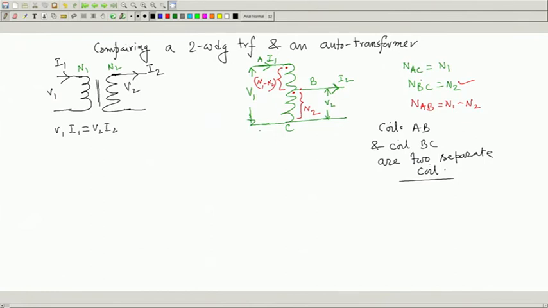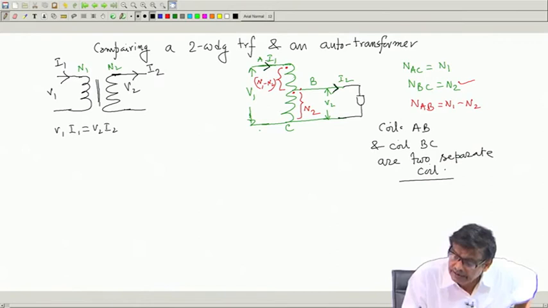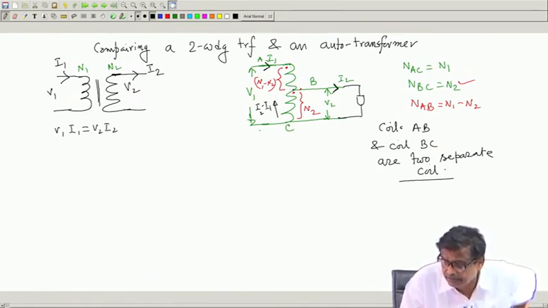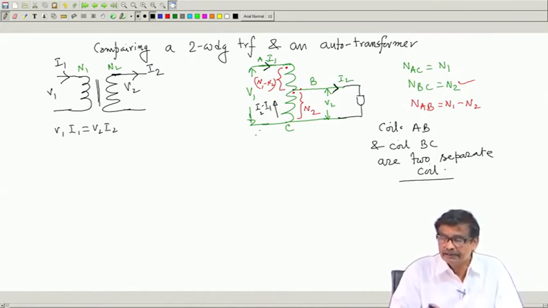In other words, suppose the primary current is I1, and the current delivered to the load is I2. Then apply KCL at this point, this current I will write as I2 minus I1, plus I1, I1 will cancel and it will give you I2. KCL I have applied. This is the situation.